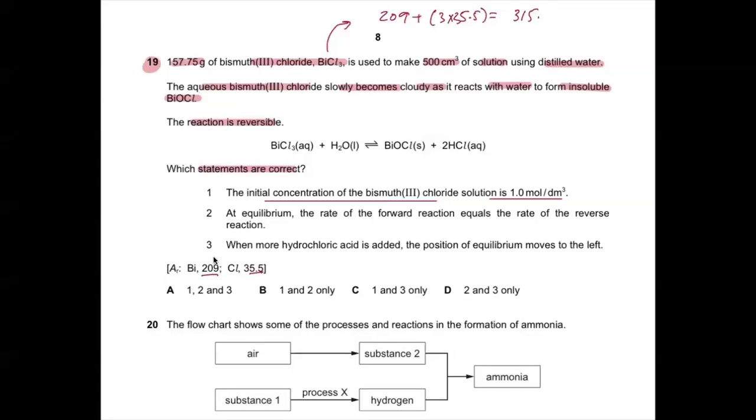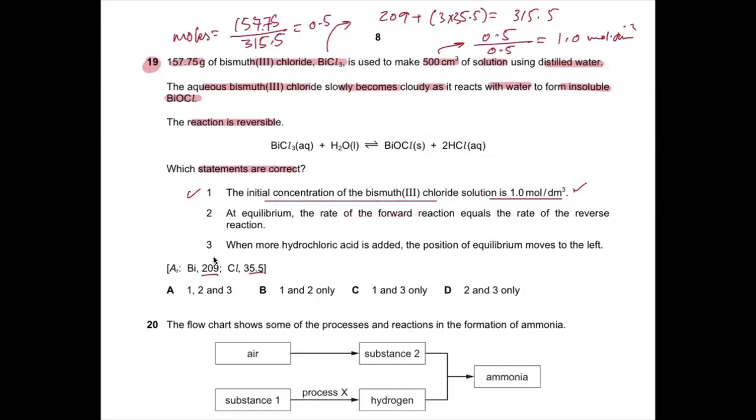Yes, sir, I'm getting 315.5. So moles would be equal to 157.75 divided by 315.5. Can you tell me the answer, please? 0.5. Okay, so the concentration would be 0.5 divided by volume in dm cube. That is 500 converted, so it's 1 mole per dm cube. So the first statement seems correct, right?